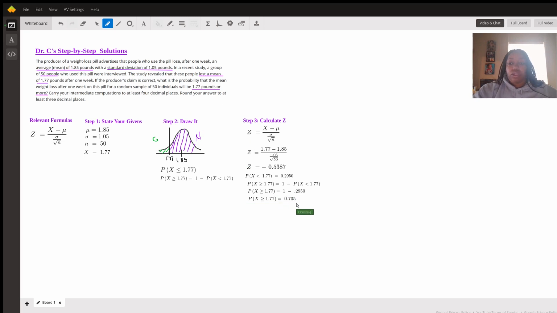In essence, the probability that the mean weight loss after 1 week for the random 50 people is 1.77 or more is roughly 70.5%, or, since it says 3 decimal places, 0.705. I hope this helps out. If you have any questions, please let me know.